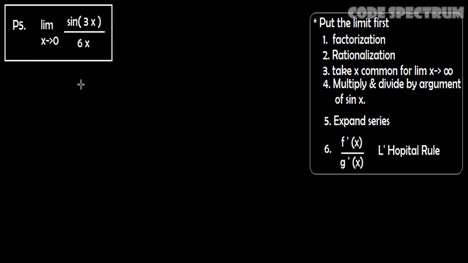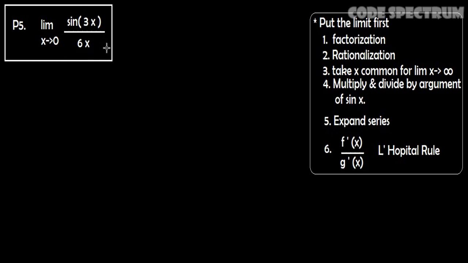Let's take another problem, and don't worry about the problem number, because I have taken all these sample questions according to the difficulty. Okay, let's start with this problem. We have limit x tends to 0, and we have sine 3x divided by 6x.